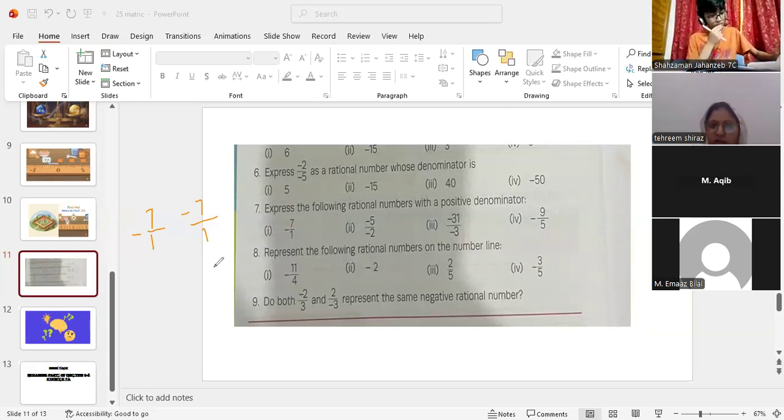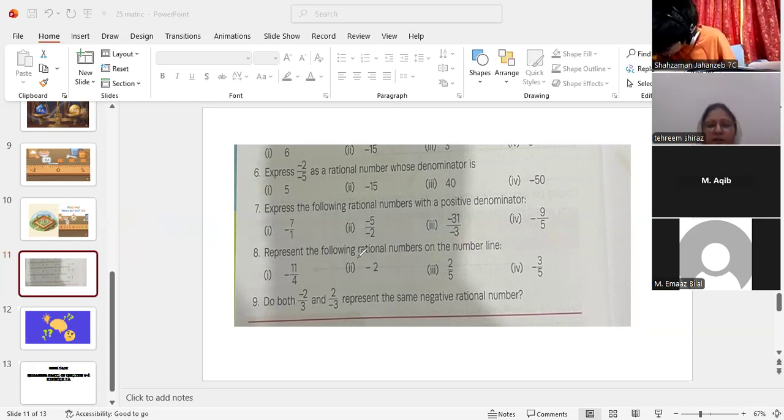Just write this. There is no need to make the denominator positive because the denominator is already positive. Clear?